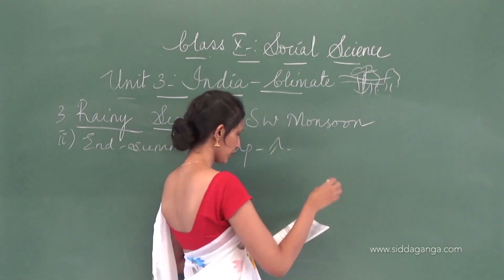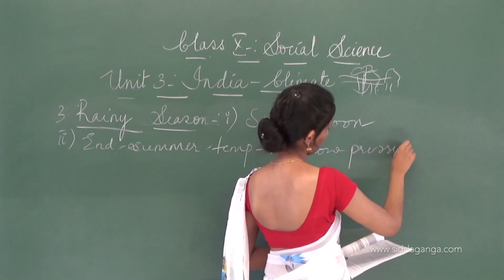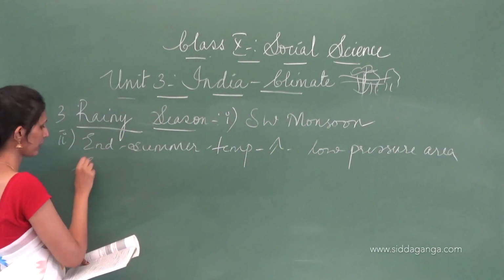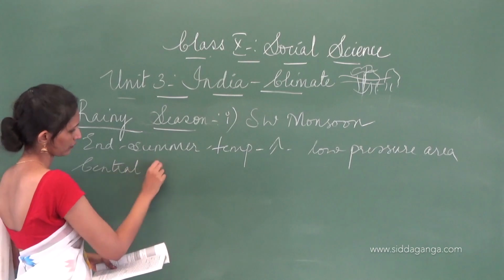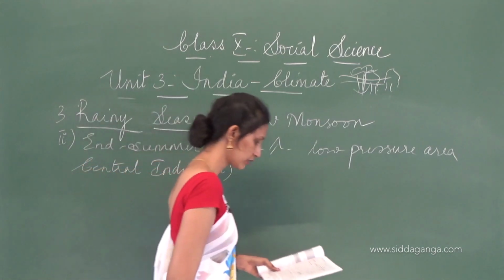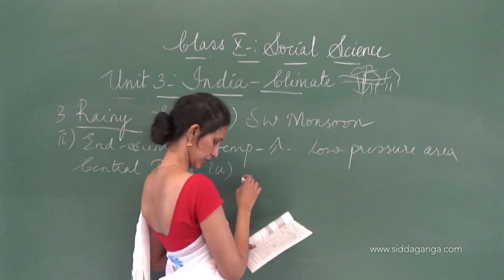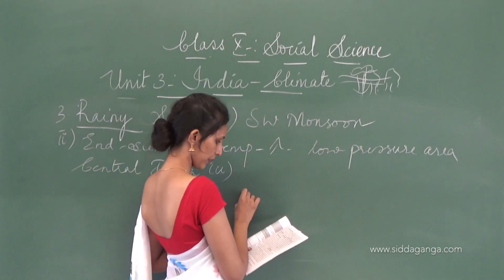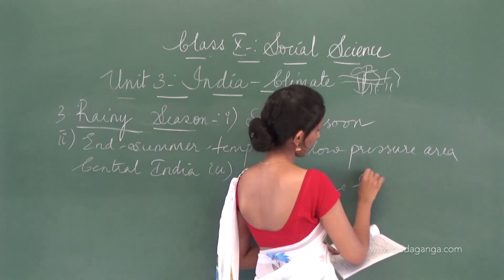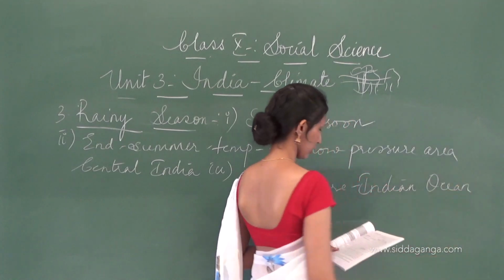Then a low pressure area is developed. Pressure in certain areas is very low over central India. Then the third one is there is low pressure over central India and high pressure in the Indian Ocean, near the areas of the Indian Ocean, okay.